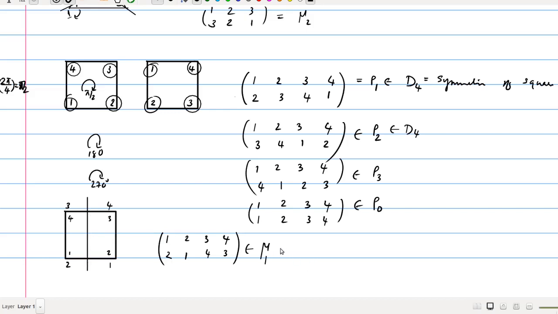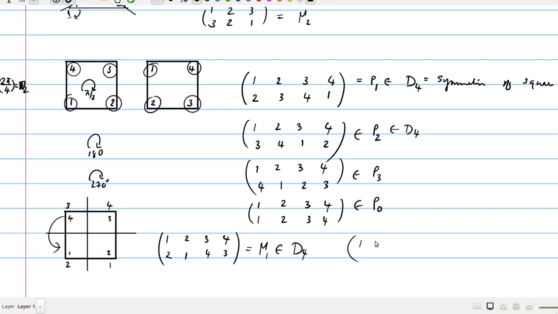Then this is also an element of this D4. So this is named mu1, and it is an element of D4. Similarly, if you consider the other perpendicular bisector of the other two sides, then that reflects these two elements.